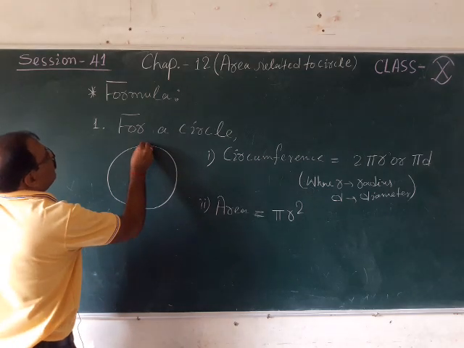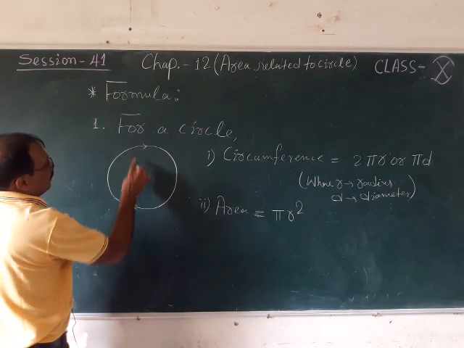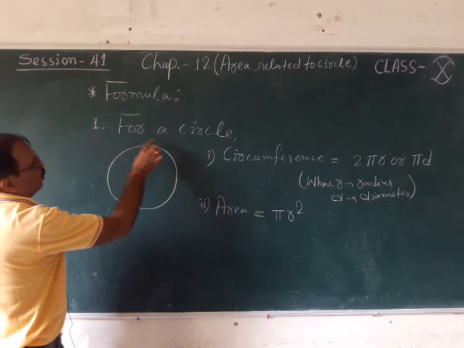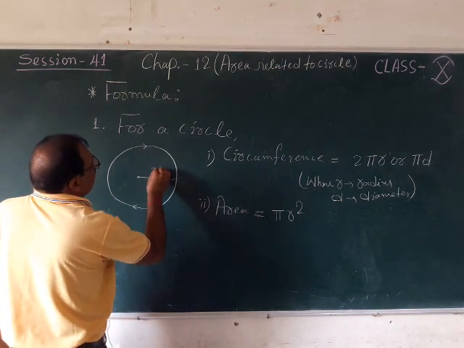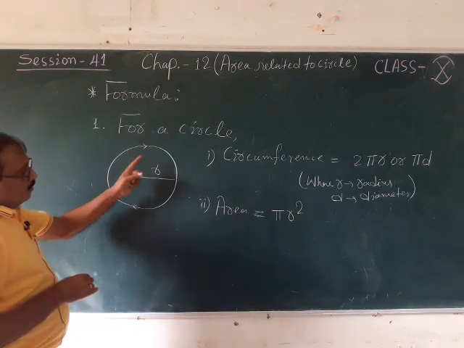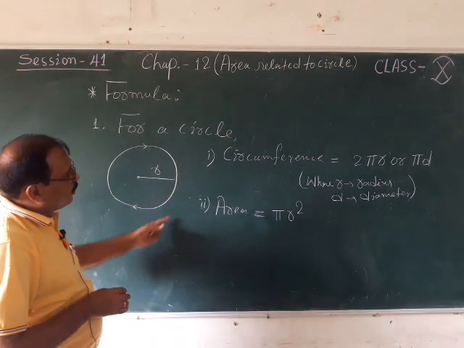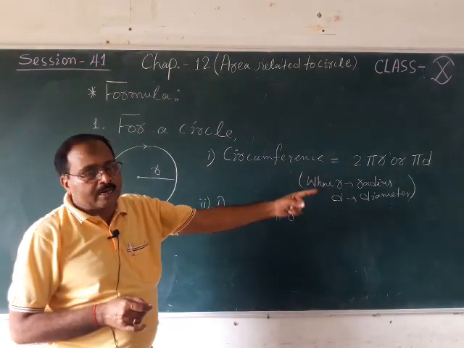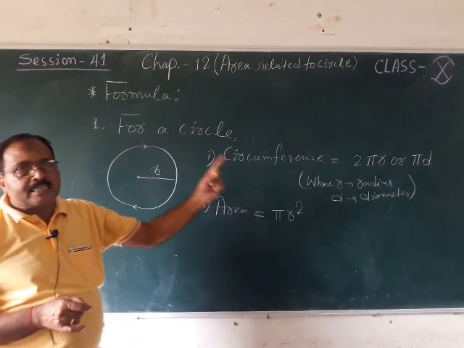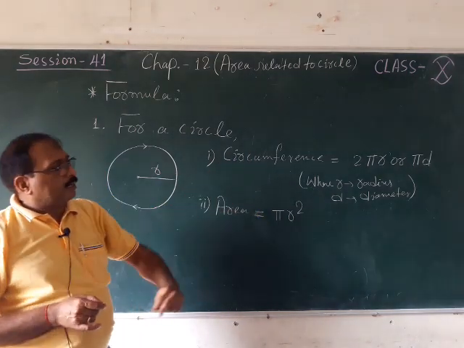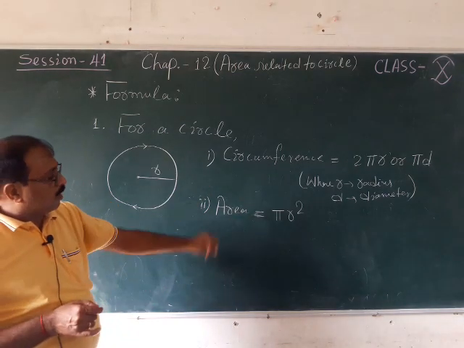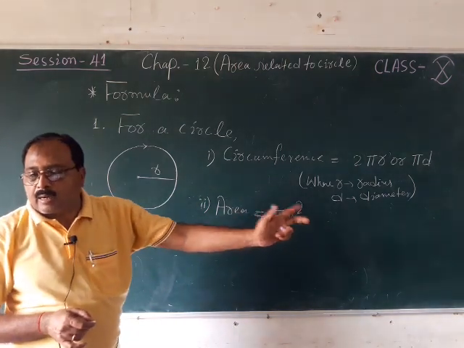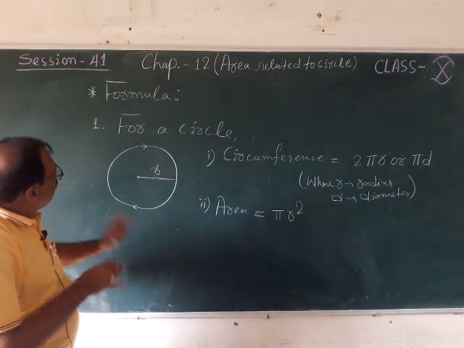And you are aware that circumference means the outer boundary of the circle. Here if radius is r, then its circumference can be calculated by the formula 2 pi r. You are already aware c equal to 2 pi r or c equal to pi into d. In your junior class you have studied this formula. Now area of the circle, that you are aware, pi r square.